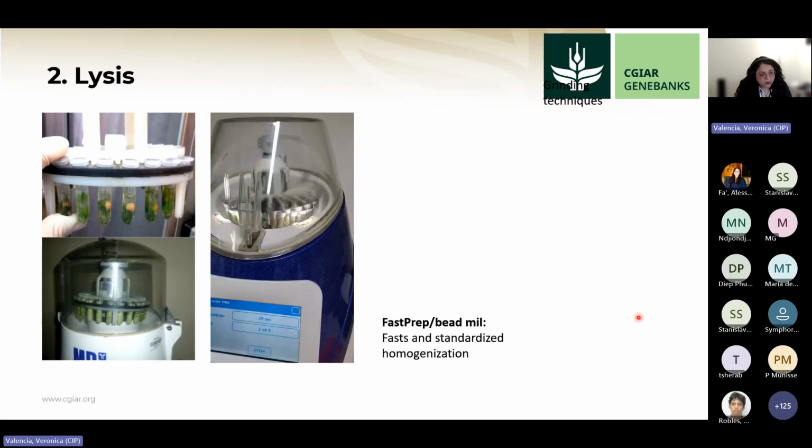But what we do, this is part of our normal functioning, is that we use this machine called FastPrep. As you can see here, for the material we collected, we add this pellet, this ceramic bit, sorry, for each one, and we put it in the machine.